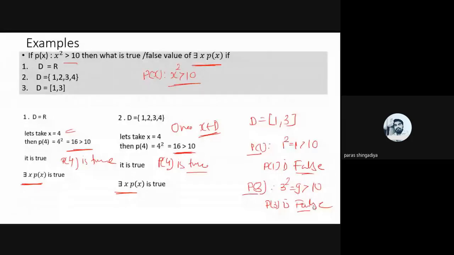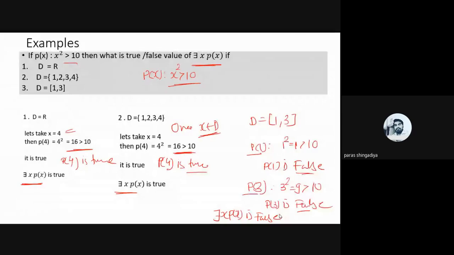So what is the meaning of this evaluation? There exists x, P(x) will be false, because it is false for each and every value of the domain. The conclusion of this evaluation is that there exists x, P(x) is false.